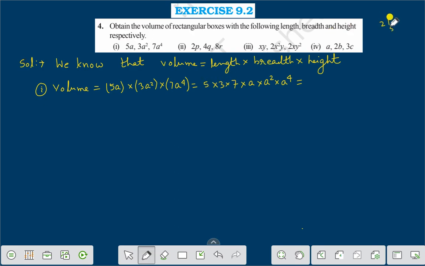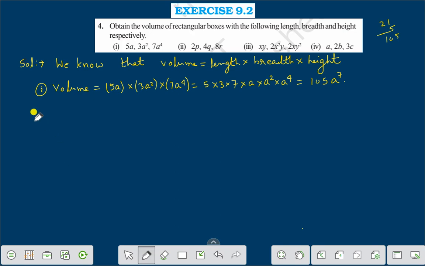Multiply 21 with 5: 5 ones are 5, 5 twos are 10, that is 105. And we multiply a square and a to the power 4: a to the power 2 plus 4, that is 6... so the answer is 105 a to the power 7, and that is the volume.